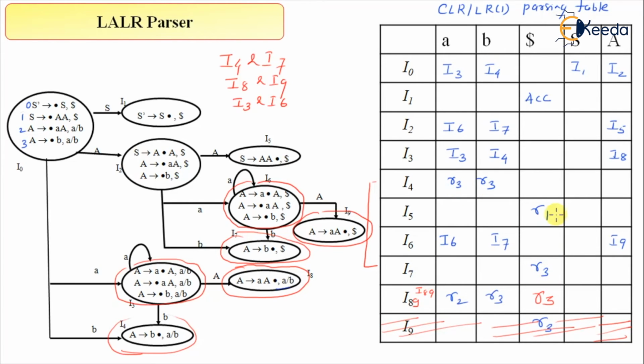Here there is R3, so I write R3, and I write I47, and I don't have the other row now.